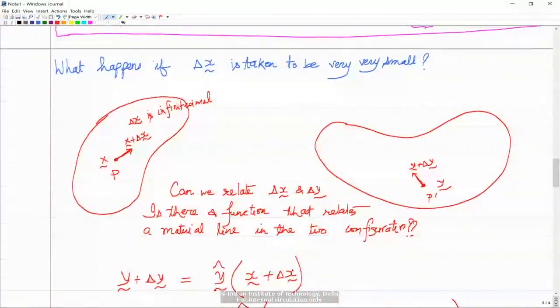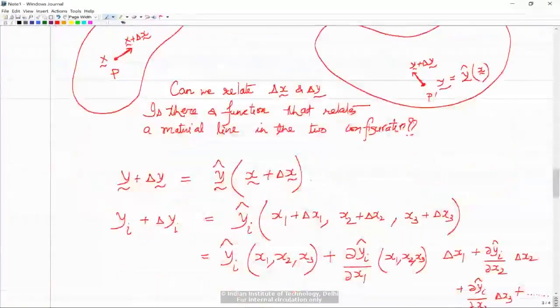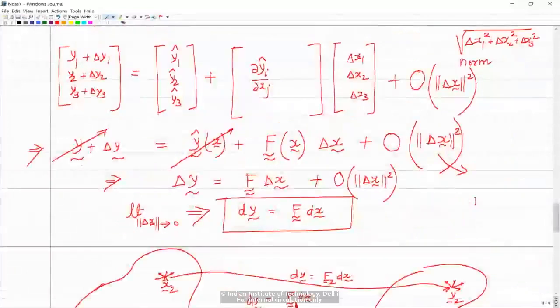So isn't this y equal to y cap of x? So when you wrote this thing here, you also have y equal to y cap of x, right? So therefore I could cancel them. Y is equal to y cap of x.